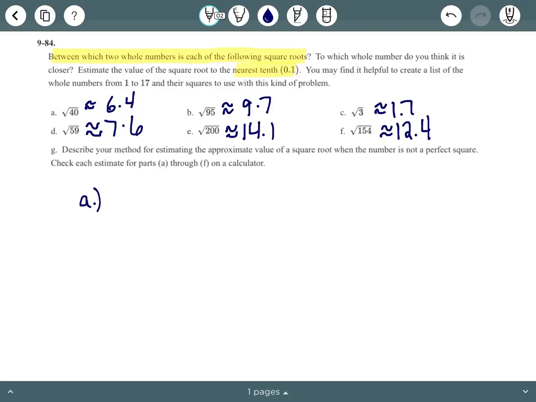So 6.4 squared gives me 40.96. So that's a little bit closer to 41.